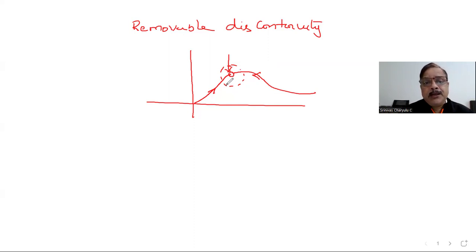If that converging value is meeting directly by substituting in the function at that point, let us say, for example, at x is equal to a, you want to check the continuity of this function. This is removable discontinuity, I am telling you.